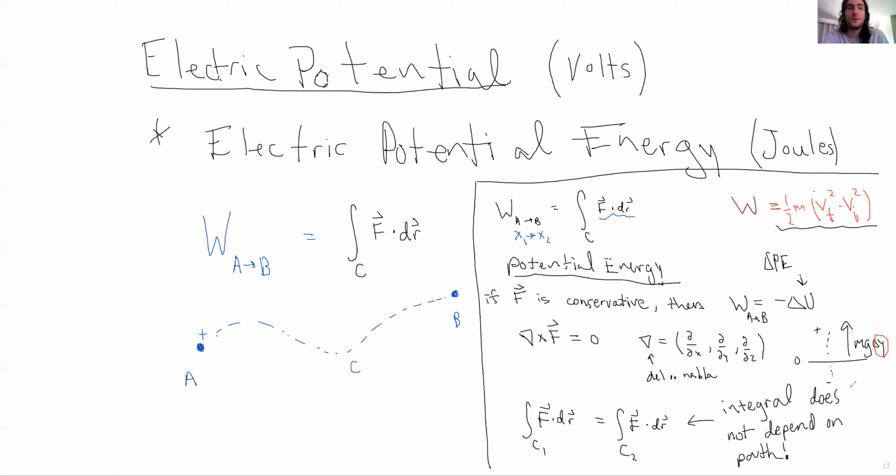So maybe some of you have done some problems last semester where you didn't have zero at ground level, but maybe you had zero up here, and down here is negative and higher is positive, right? And you were free to make that choice. You were free to choose your zero point. And so we will do that as well.